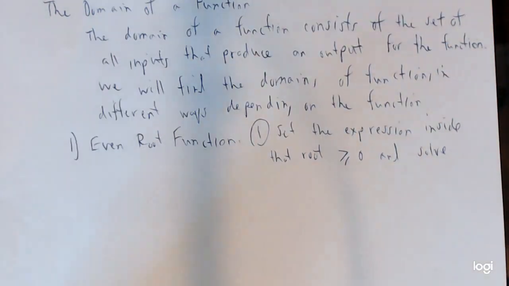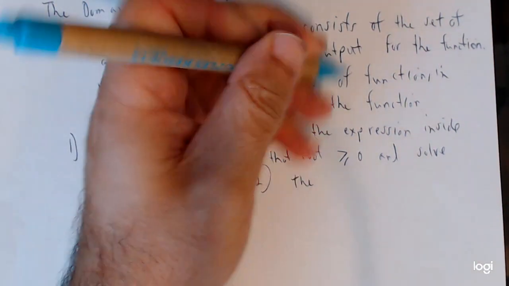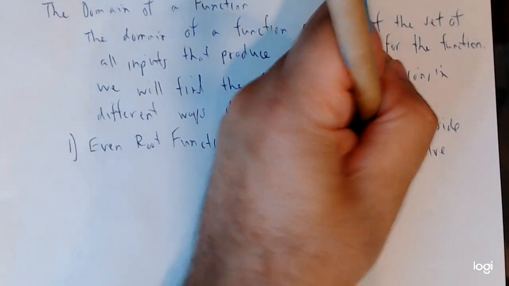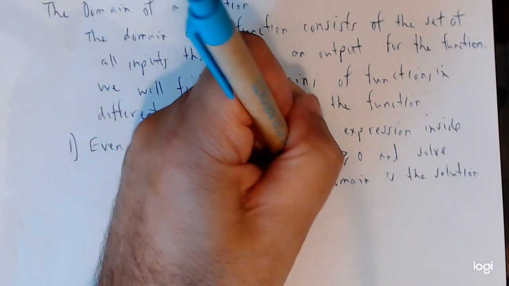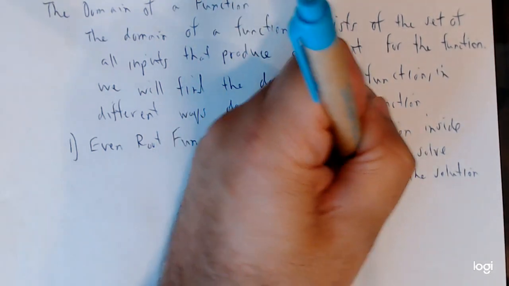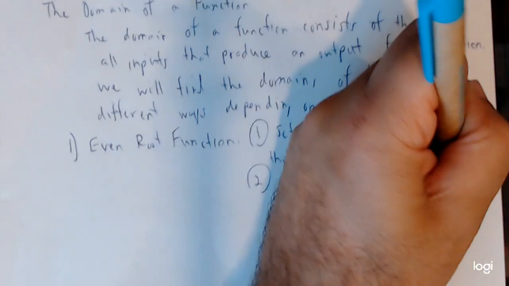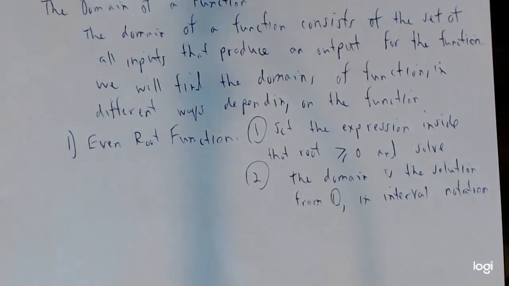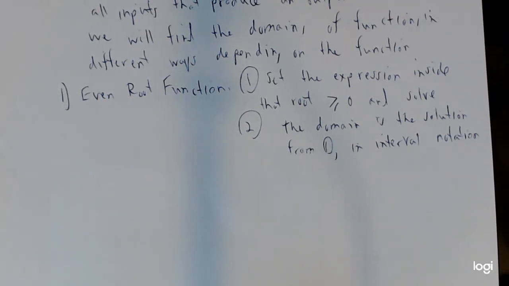Then the second step is the domain is literally the solution from step 1, and we'll write that in interval notation. And I trust that we are all familiar with interval notation. If you're not, ask me and I'll explain it to you.